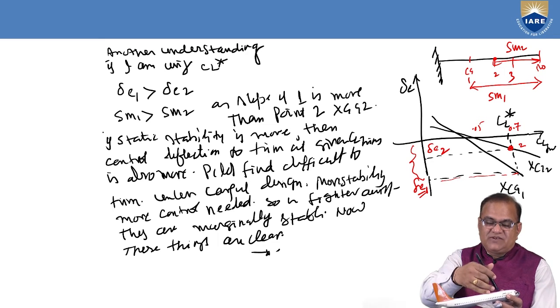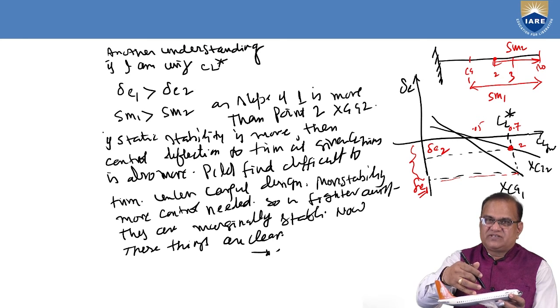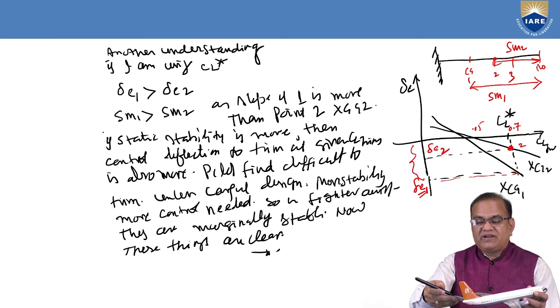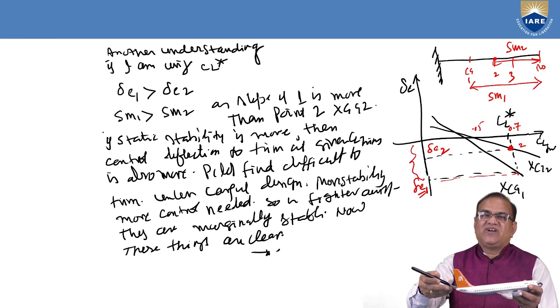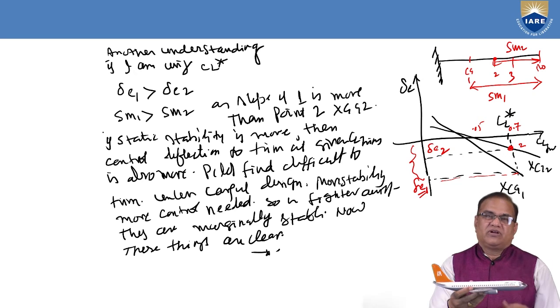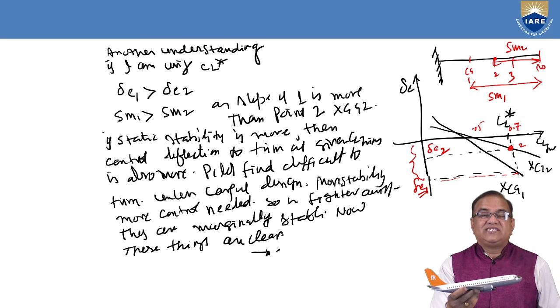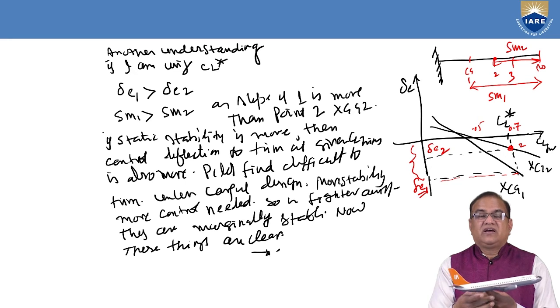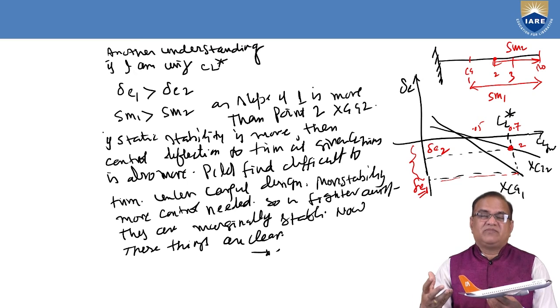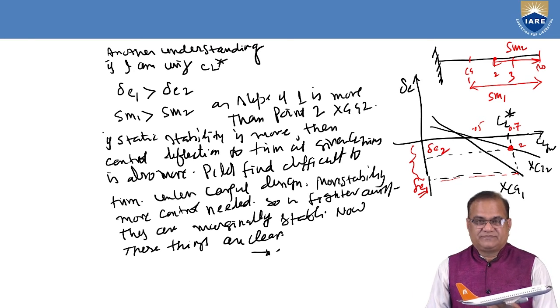As and when you shift the CG towards the aft, or the CG moves near the neutral point, the requirement of elevator deflection is tremendously reduced. So we have to make sure that the CG should not go much forward. The forward limitation of the CG is limited by the maximum deflection of elevator.